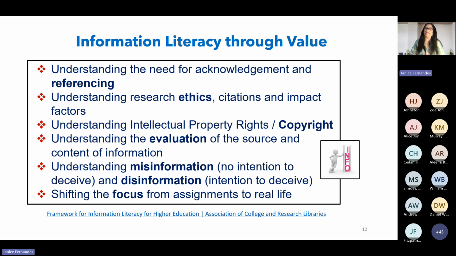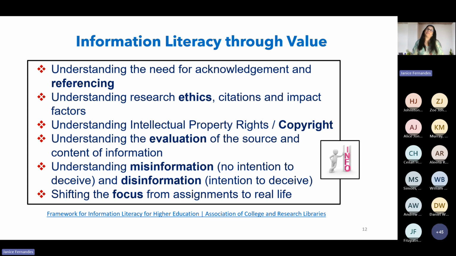Coming back to the slide and speaking about value, now that we understand the value of information, to understand ethics, how ethical it is, and how important ethics are, how important citations are, how important that acknowledgement is in terms of copyright, how important it is to think about misinformation.